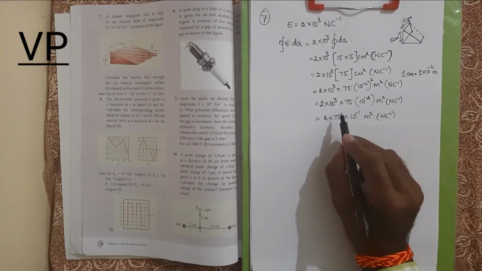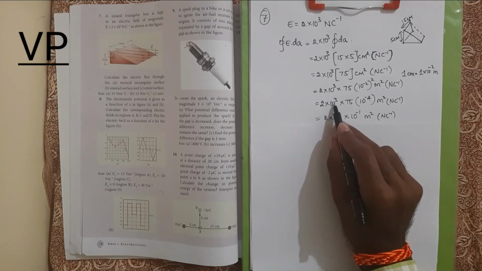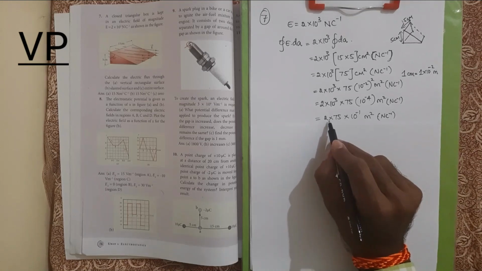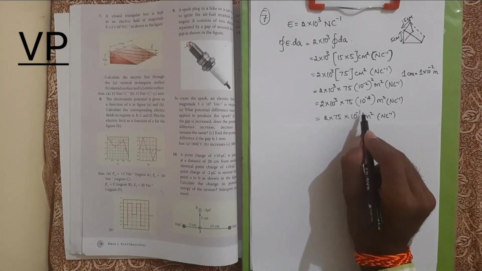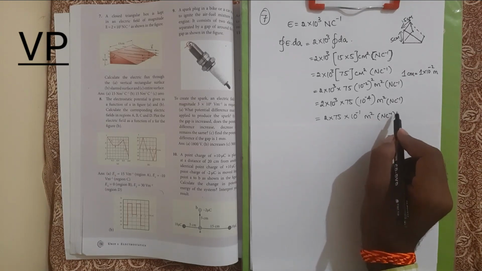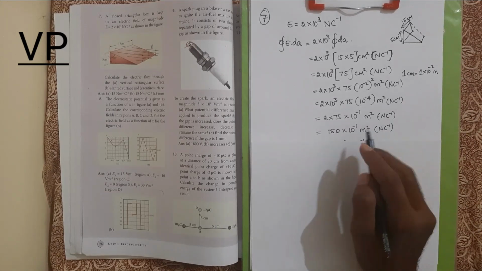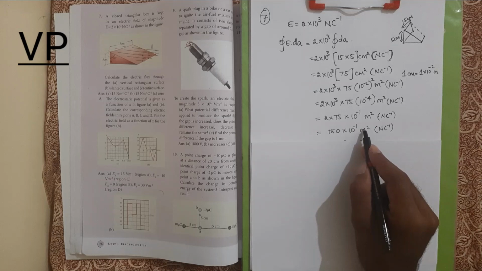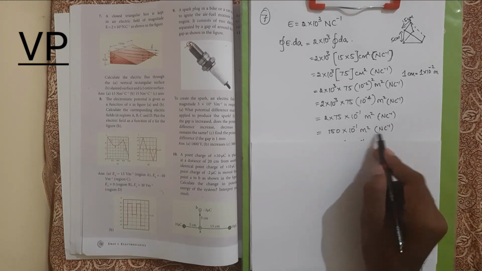And 10 to the power 3 into 10 to the power minus 4, we get 10 to the power minus 1. So 2 into 75 into 10 to the power minus 1, meter square, Newton Coulomb minus 1. And 2 into 75 is 150 into 10 to the power minus 1, the unit of electric flux.